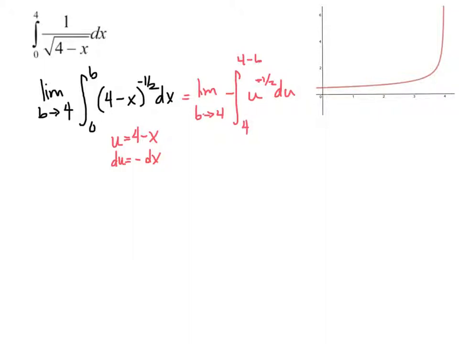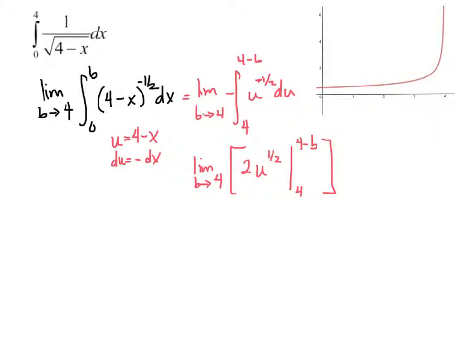Well, now we do the antiderivative. Raise the power, it becomes u to the positive 1/2. Dividing by 1/2 is the same as multiplying by 2. We're still doing the limit as b approaches 4.